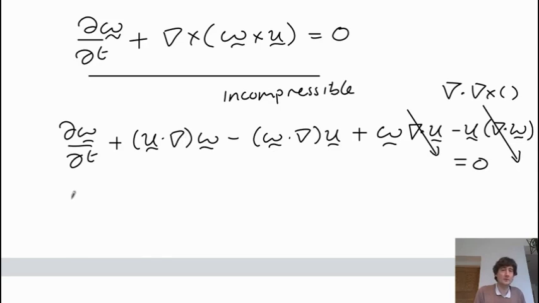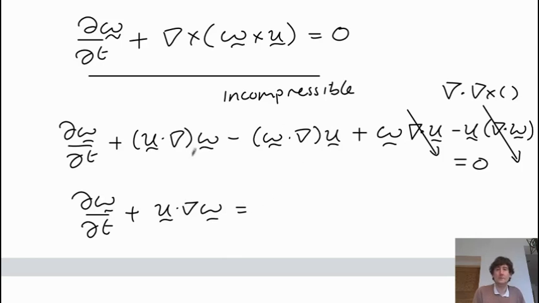So we have that d omega by dt plus u dot grad omega. And now it's starting to look a bit like the other advection equations in Euler's equations. So this is omega dot grad u.